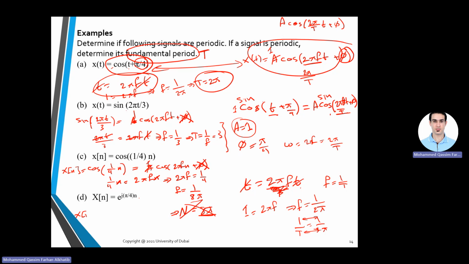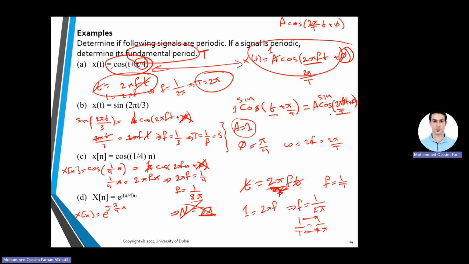Now let's check this one. X of n equals e to the power j pi over 4 n.